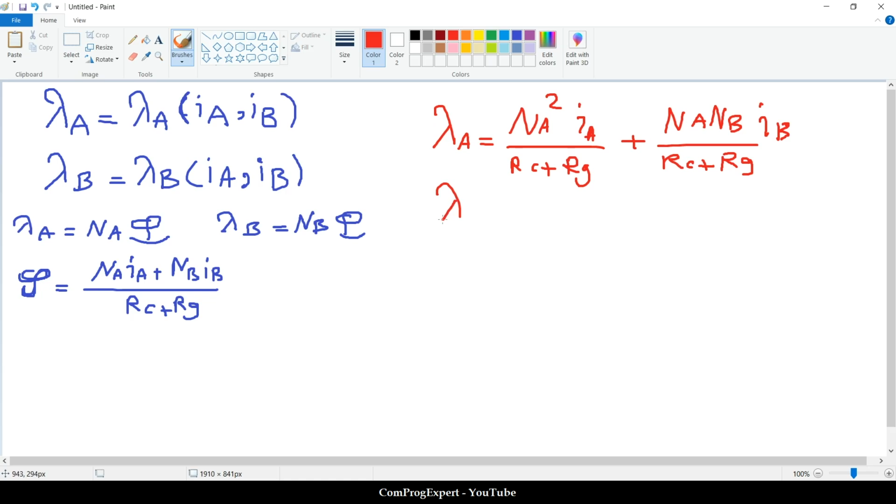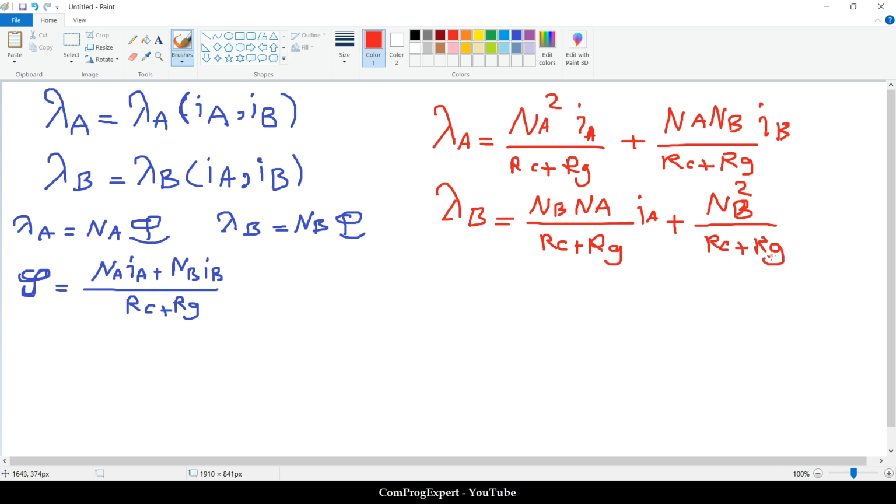Similarly, for lambda B, we can write NB NA IA divided by the reluctance of the core plus the reluctance of the gap, plus NB to the power 2 divided by the reluctance of the core plus the reluctance of the gap, times IB.